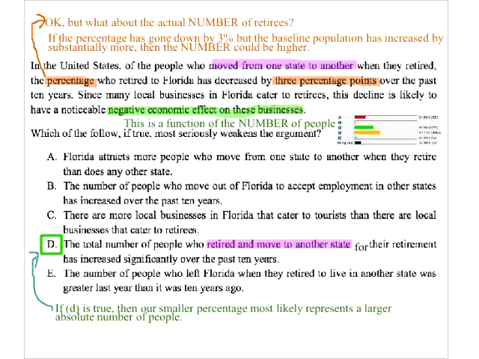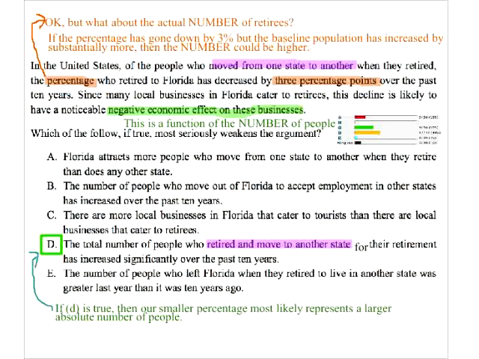Okay, there's a comment that says the number has gone down, but that's the point. Maybe I'm misinterpreting the comment, but we don't know that the number has gone down. We know that the percent of retirees has. If you guys want, you can slap some numbers on these and see if that makes more sense.